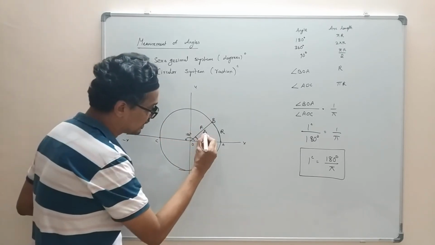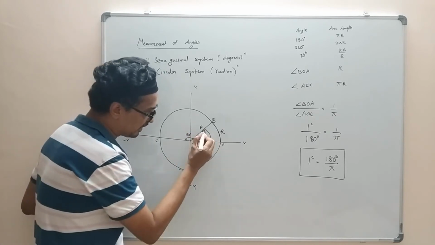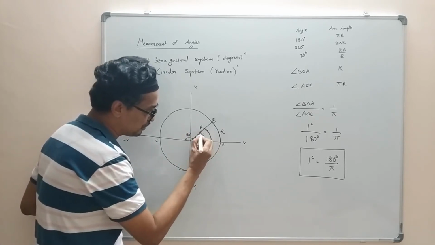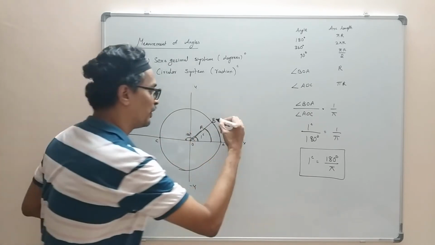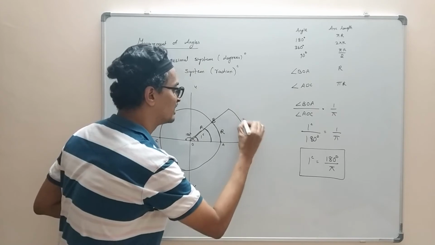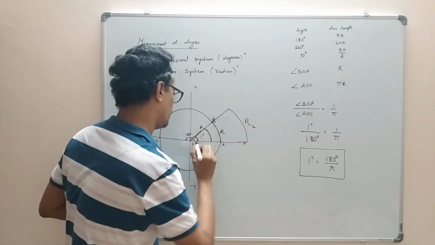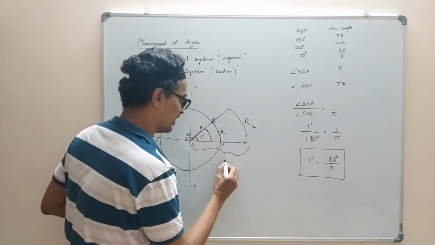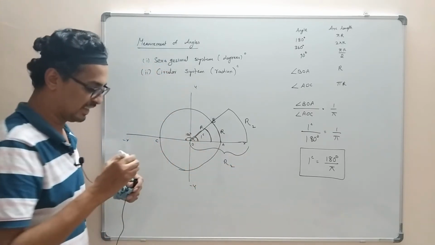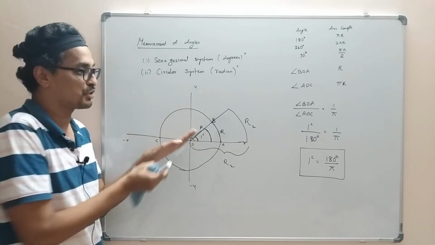If I take a smaller radius, with 1 radian the arc will be equal to this radius. Or if I take a longer one, this radius, let me call it R2, should be equal to this arc R2. So this angle is independent of the radius of the circle, and is purely a measure of an angle.